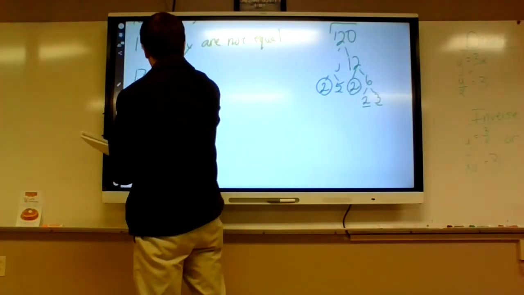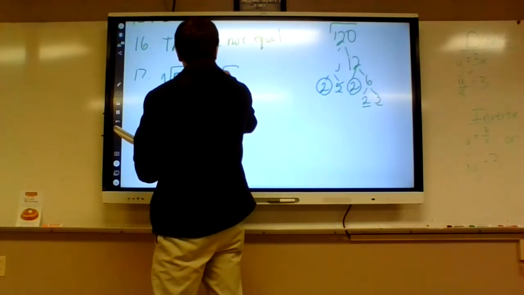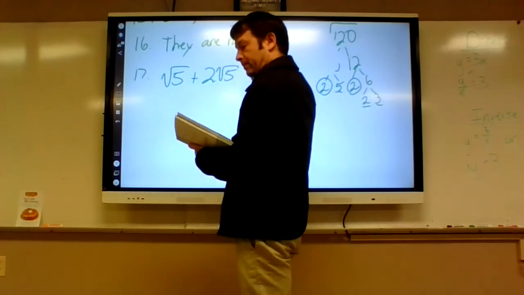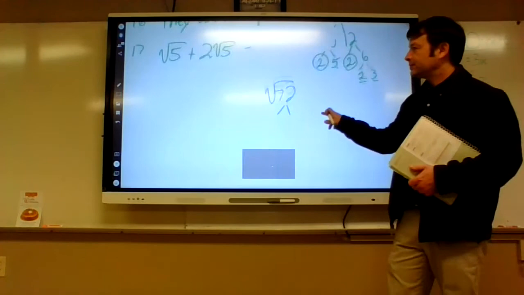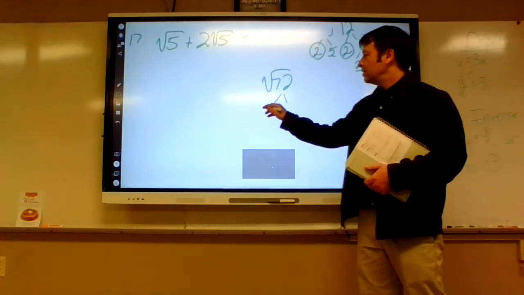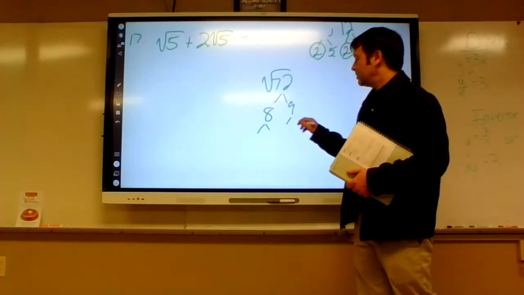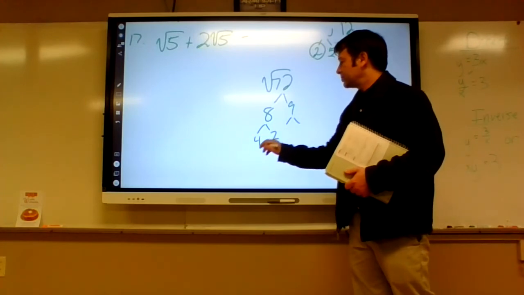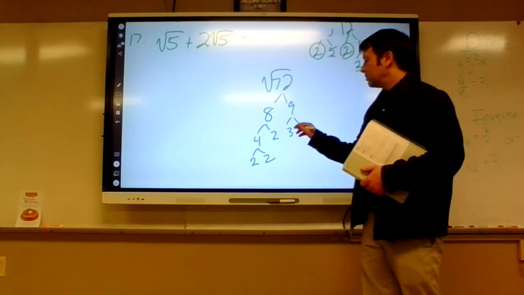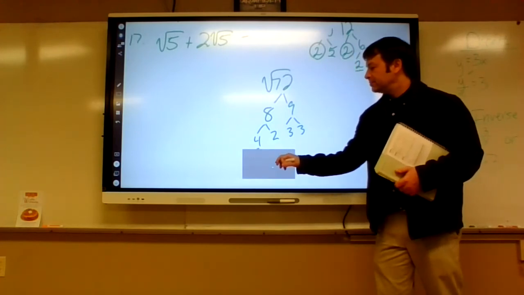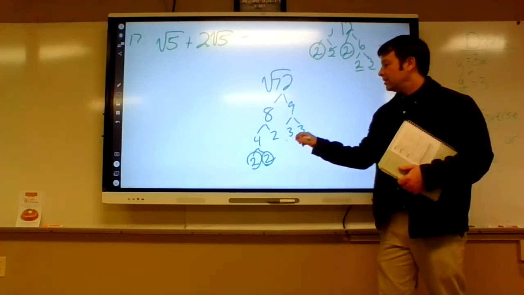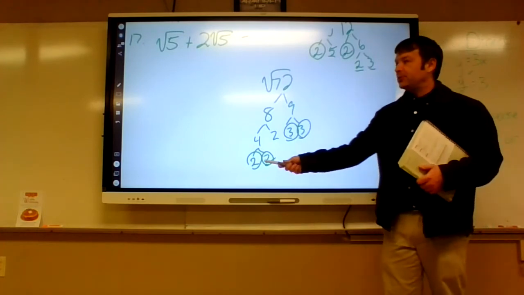So we got square root of 5 plus 2 square root of 5 minus, okay, we need to do 72, right? What goes into 72? 8 and 9. So we got a couple doubles on this one. Double 2, and a double 3. So what comes out?